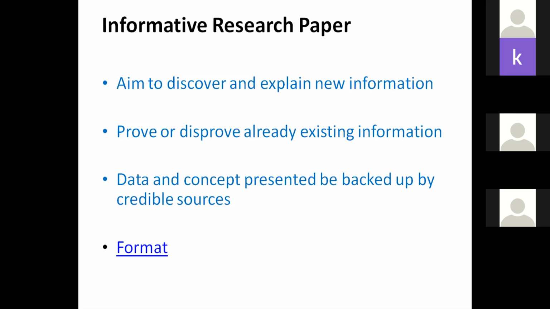And the most important aspect of writing an informative research paper is gathering information from credible resources. Since you are proving or disproving, whatever you take for proving has to be authenticated. It should be credible sources. Like Vijay sir said, if you are taking a data set, somebody asked about drugs.